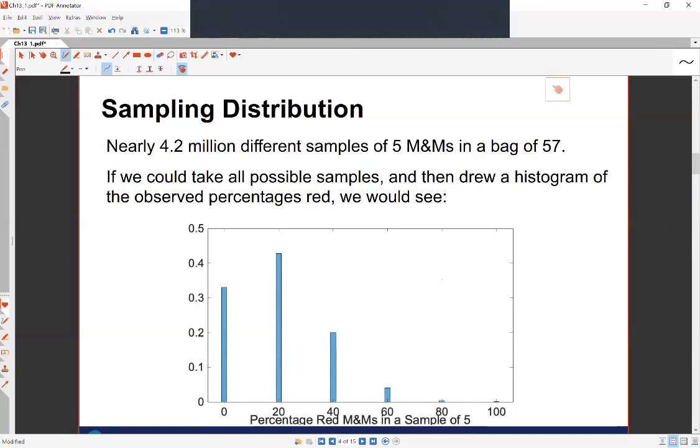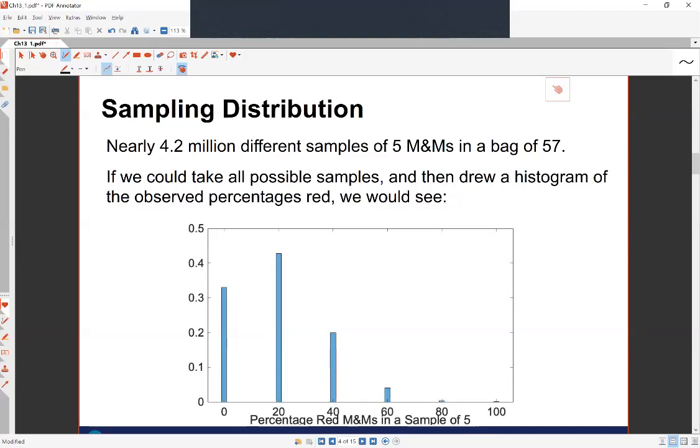But if we could take all of these samples, and for each sample, I calculate what proportion of the M&Ms are red, and I then draw a histogram, what I would see is a histogram similar to the one displayed below. So what you'll notice is the modal outcome, the most likely outcome in this case would be 20%.